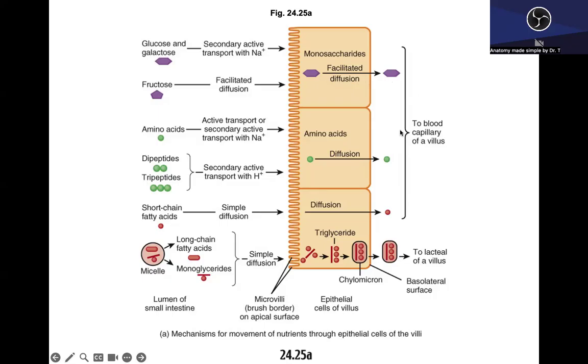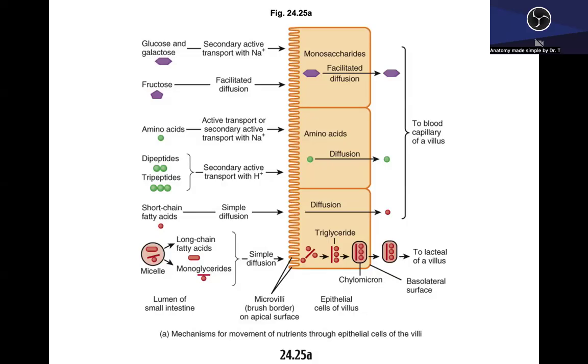And finally, lipids, those ones that are interesting for us as they cannot be absorbed directly, we actually have them diffusing through simple diffusion, high to low, if we're talking about short chain fatty acids.